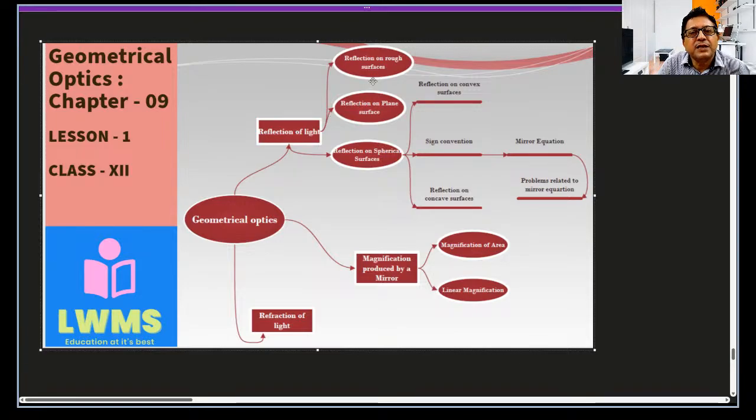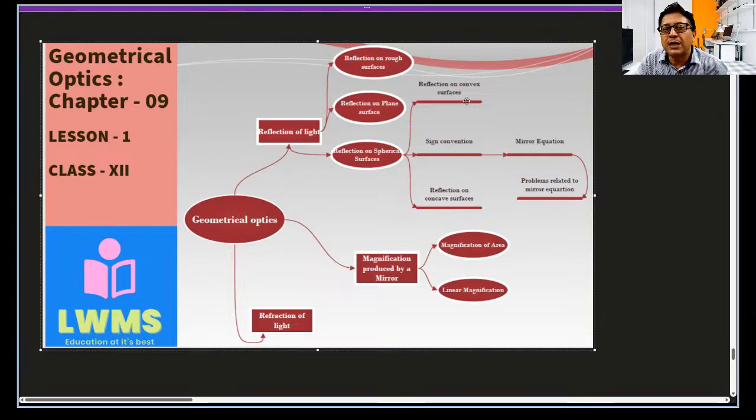Reflection of light: reflection may be on a rough surface, on a plane surface, or on a spherical surface. On a spherical surface, it may be on a convex surface or a concave surface.